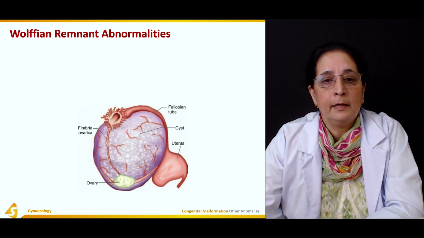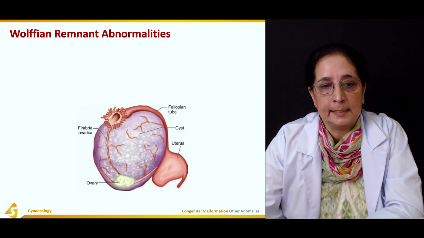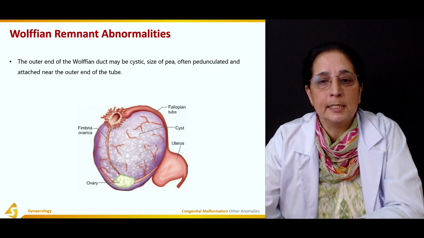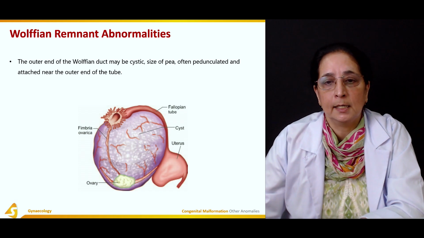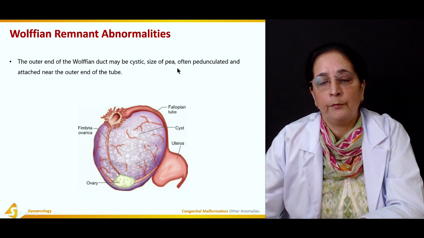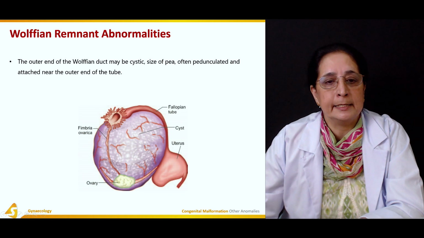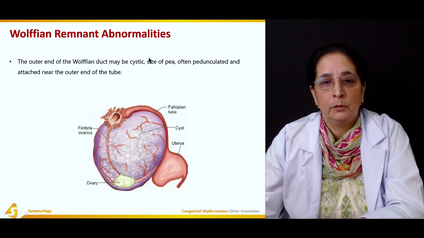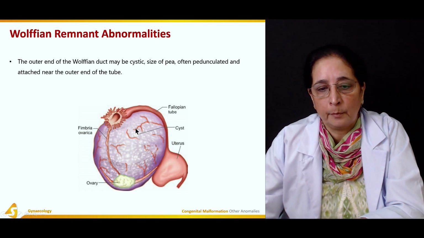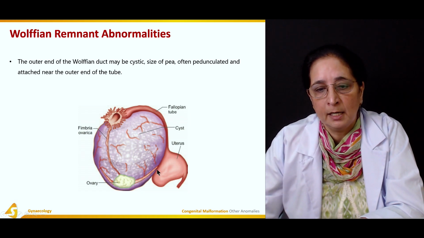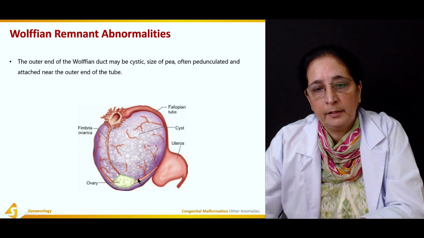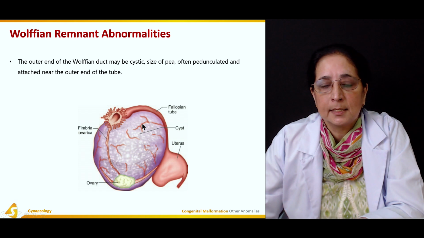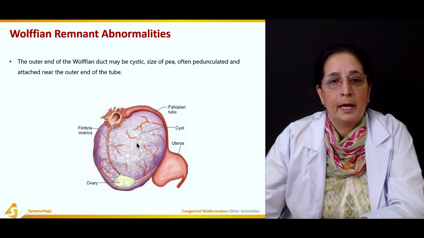Then the Wolffian remnant abnormalities, in which the outer end of the Wolffian duct may be cystic, pea-sized, often pedunculated and attached near the outer end of the tube. So this is a remnant abnormality. This is the ovary, and here a big cyst is present.